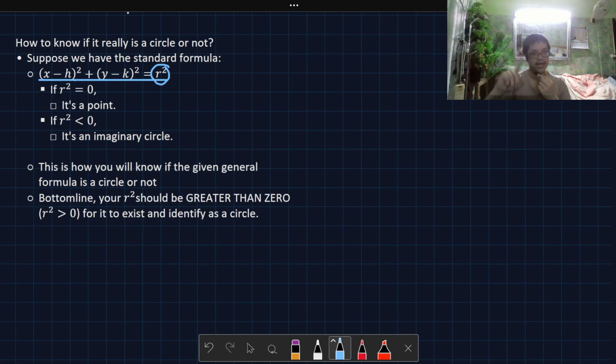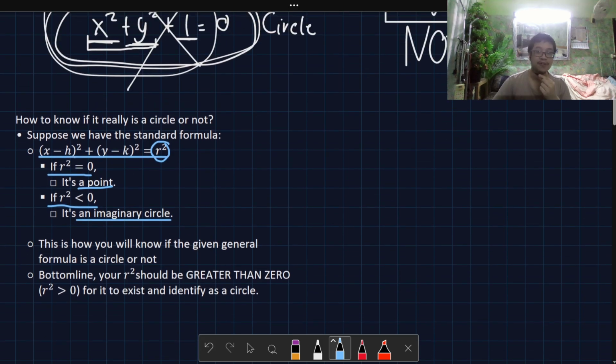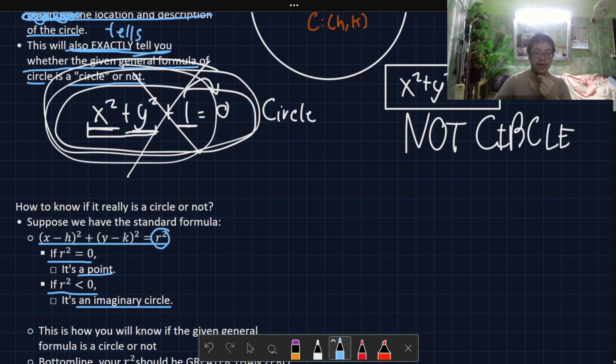R squared is basically the constant term on the right. Take a look. If your r squared is equal to 0, then that is a point. That's it. If your r squared is less than 0, then that is an imaginary circle. Take a look at this one. I'm going to write it here again: x squared plus y squared is equal to negative 1.